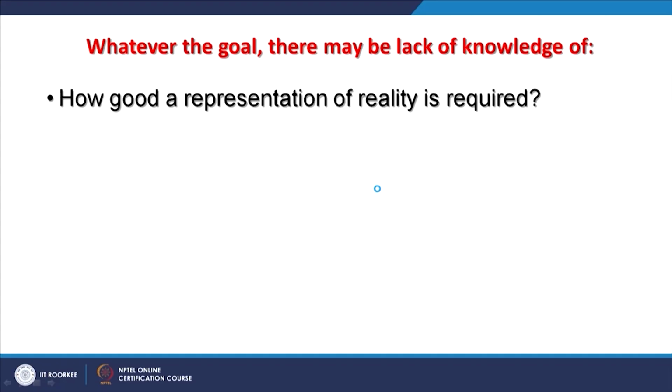Now, whatever the goal for which we are going to use the digital elevation model, there may be a lack of knowledge about how good a representation of reality is required. If we know the targets of a project, how accurate and how reliable the results have to be, that can guide us to choose an appropriate and more accurate digital elevation model.